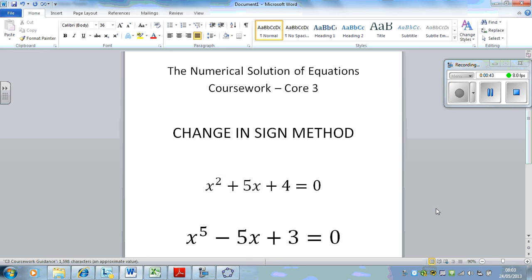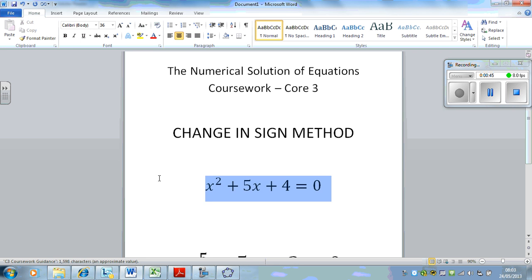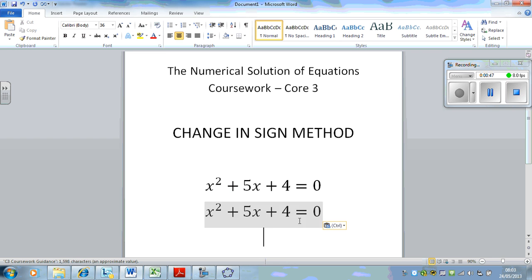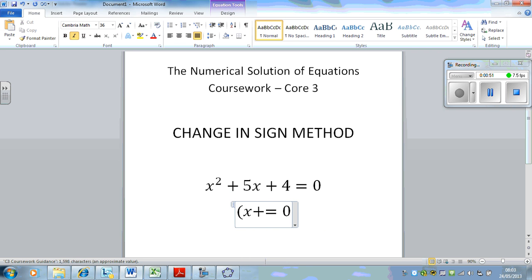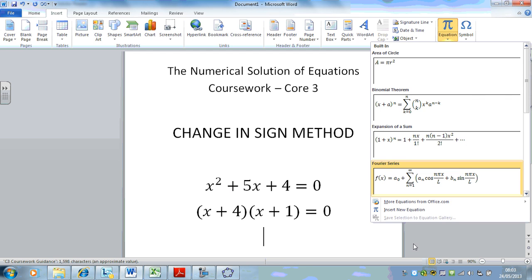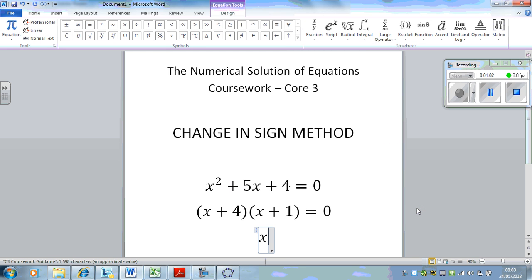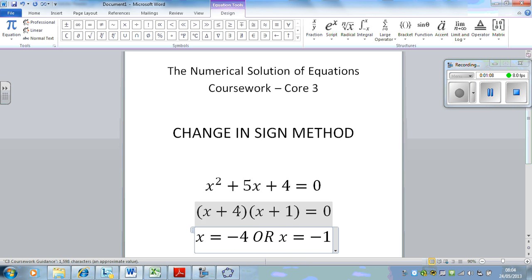Now this is a quadratic, and by factorising, it's quite easy to show that we can factorise this to get x plus 4 multiplied by x plus 1 is equal to 0. So our solutions to this equation are that x is equal to minus 4 or x is equal to minus 1. We have solved the equation analytically there.